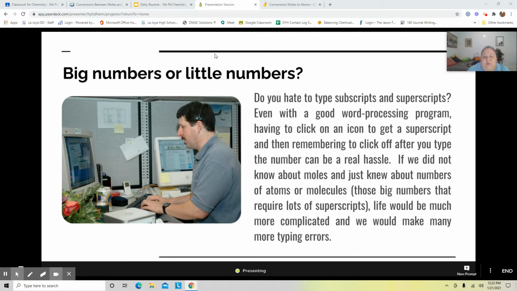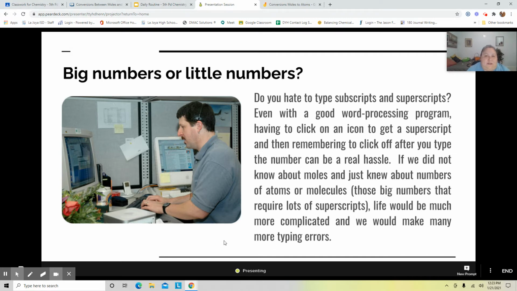Every time I'm doing a presentation and I see a formula, I have to double check if there's a subscript or a number in scientific notation with a superscript. I have to watch out for it because sometimes they come out as regular numbers and students get confused. So, yes, as a chemistry teacher, I know superscripts and subscripts are a pain, especially when you're typing them.